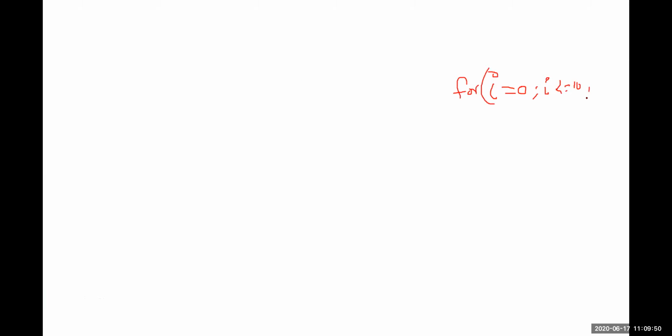And i++ is taken, and you perform some number of operations here. So it is initiated with 0, the condition is checked, and after execution of these commands, i++ is taken.